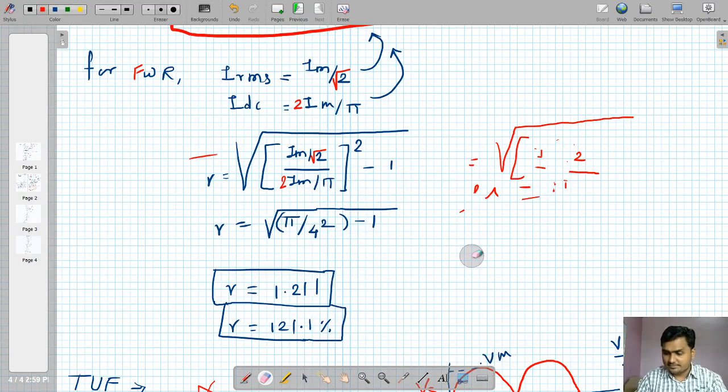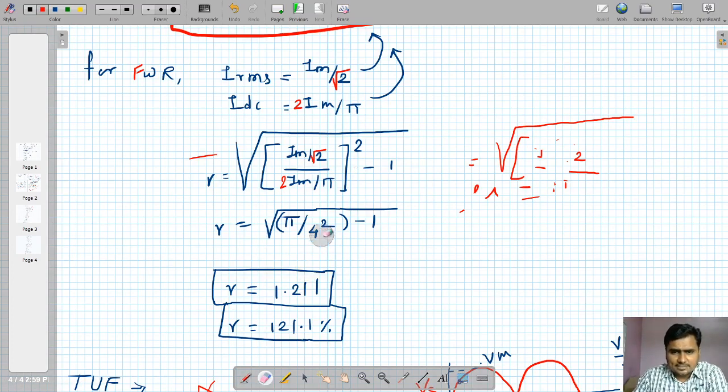Okay, sorry for the interruption. Now what we have done: we put the values of Im divided by root 2 and twice Im divided by pi. Then the simplification finally comes to pi square. Im will get cancelled, then pi square is the only thing. Then 2 multiplied by 2 means again multiplied by 2, and finally I am getting 8.